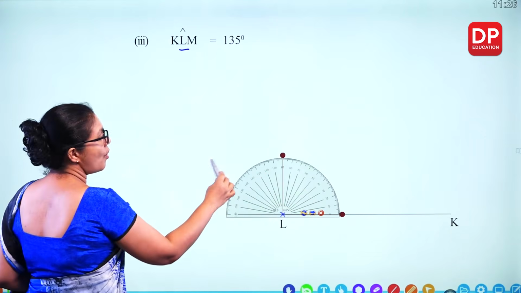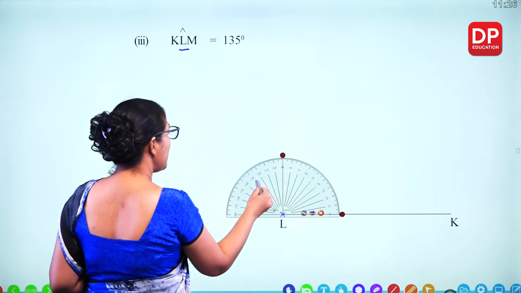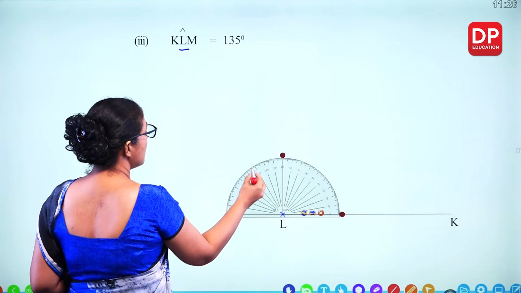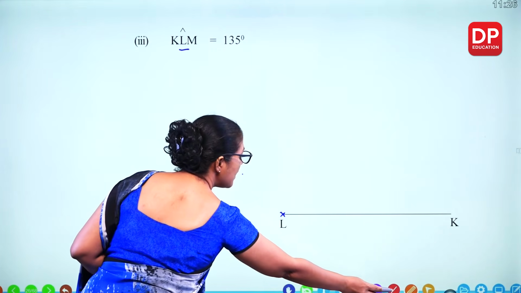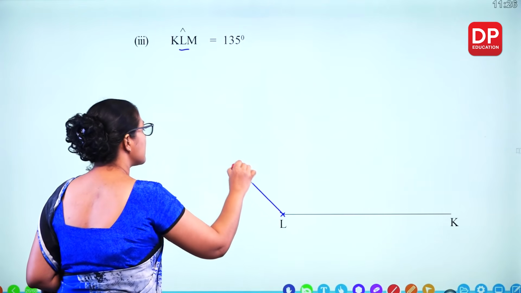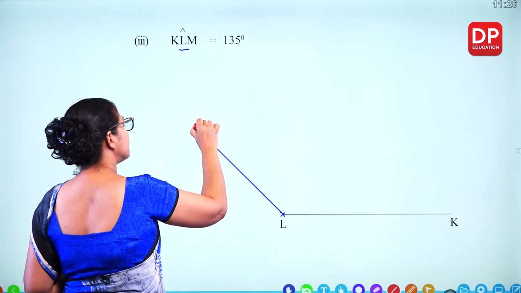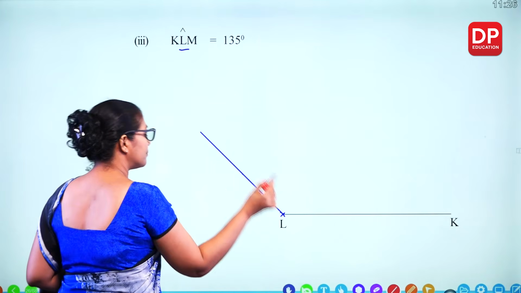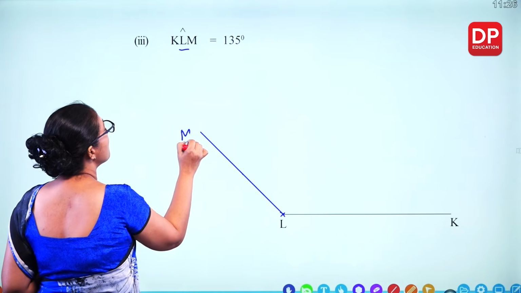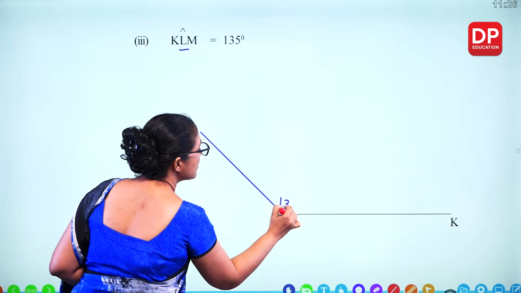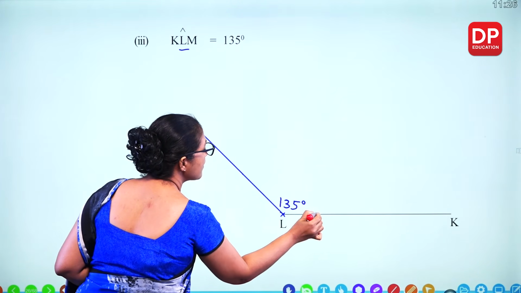So 135 from here I can measure. So that's this point. Take the ruler and connect. KLM, 135 degrees.